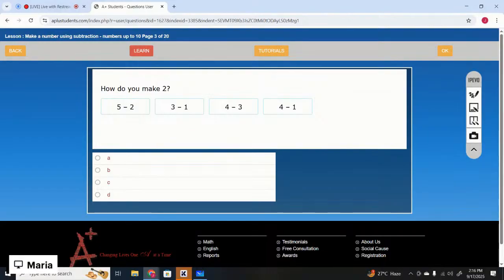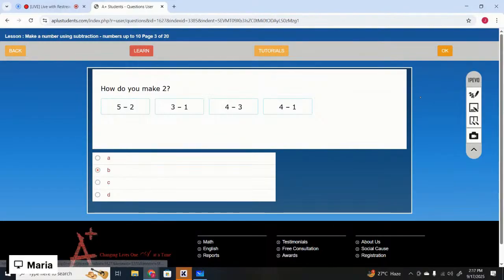How do you make 2? Which option is the correct one? That is 3 take away 1.